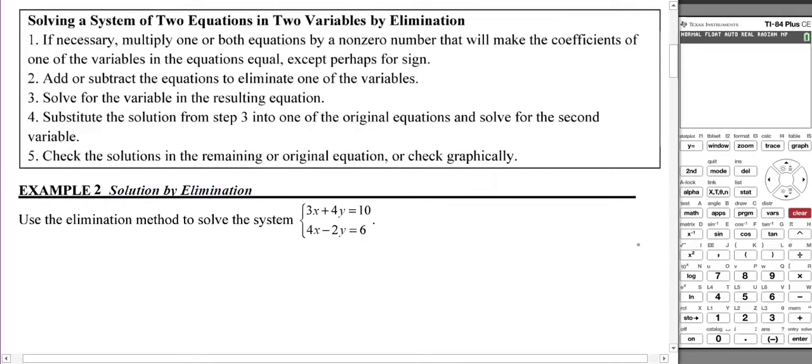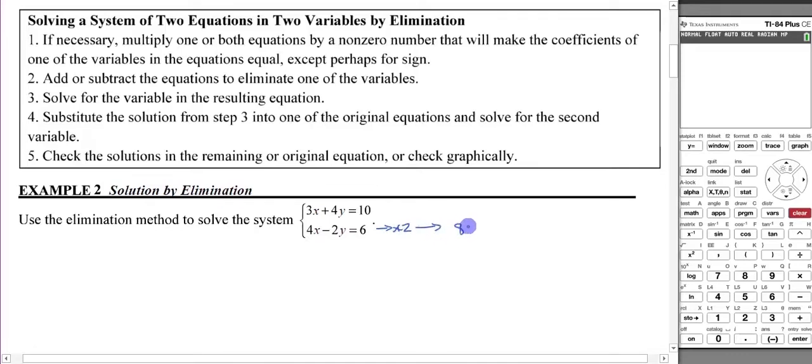We can also solve a system of two equations in two variables by elimination. Let's get right to example 2. What we want to do is make our coefficients of one of the variables to be opposites. I could easily do that by multiplying this equation through by 2.